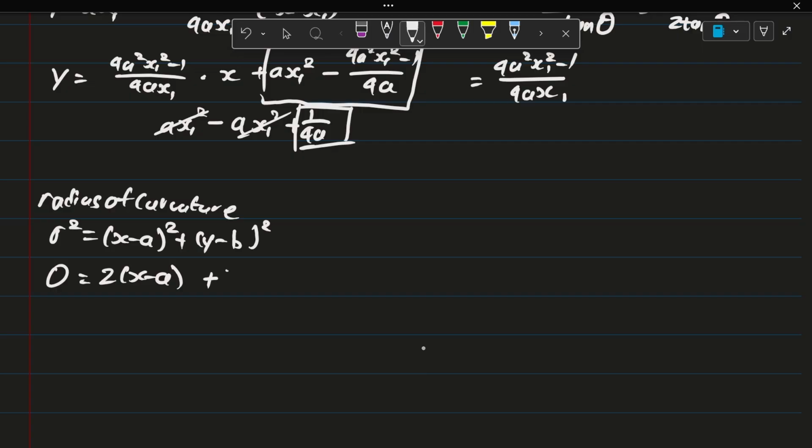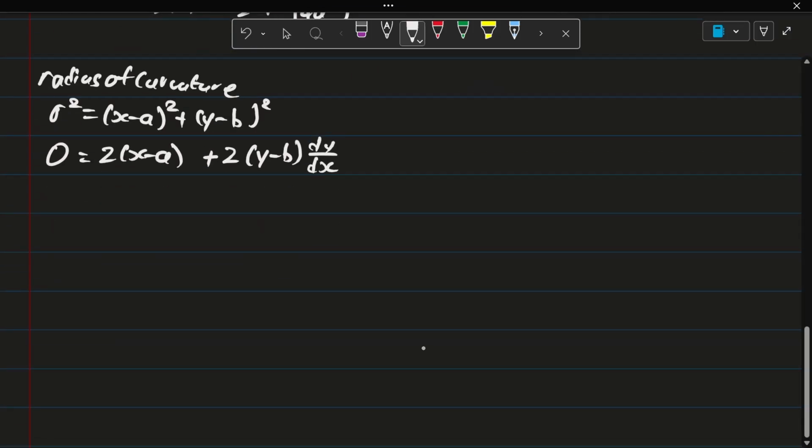And we add it by 2(y minus b), and then the derivative of (y minus b) with respect to x is dy over dx. So we could keep on deriving it one more time just to get rid of the a.